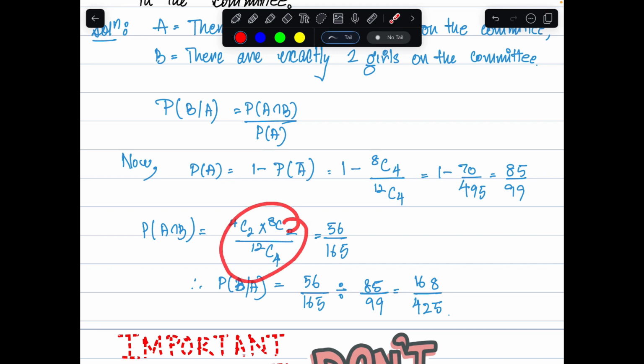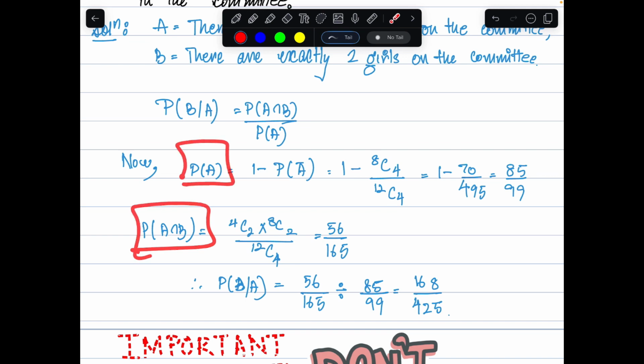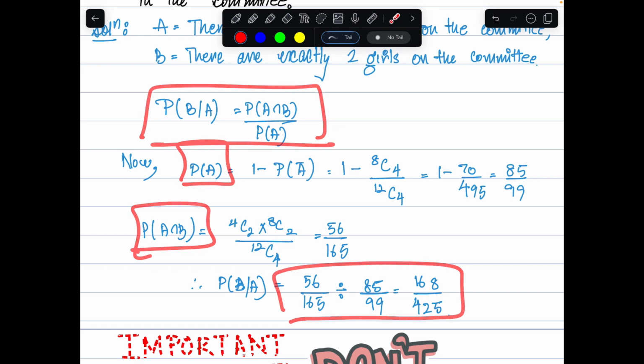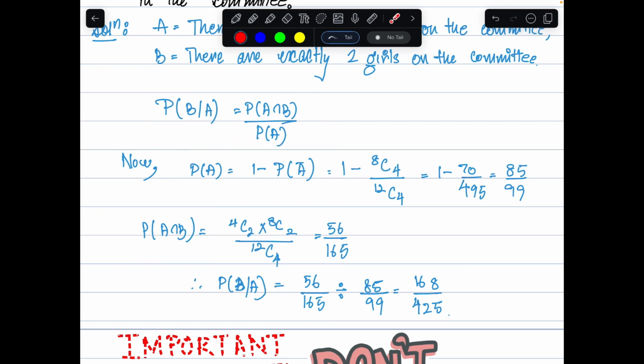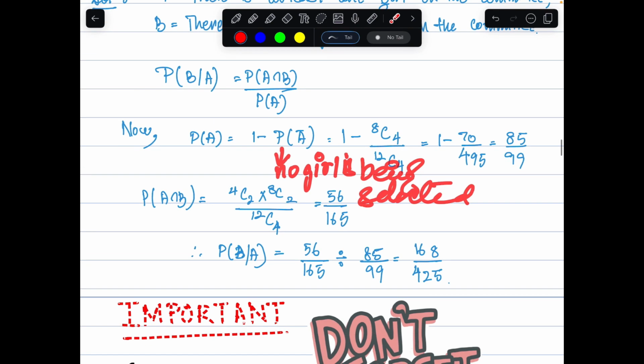So this is what you calculate, and after that you just have to divide this by this using this formula, and the calculation part is pretty much easy. Okay, I hope you understood. Instead of finding the probability of at least one girl, I am finding 1 minus the probability that no girl is selected. Both mean the same.